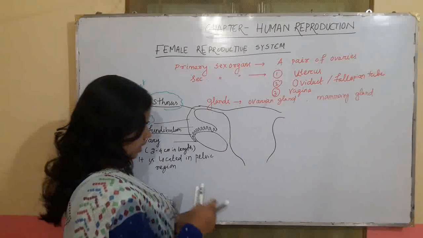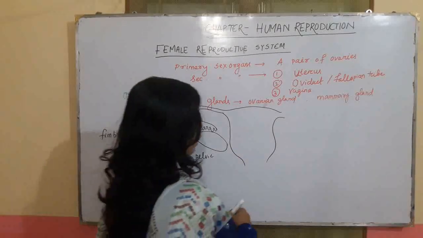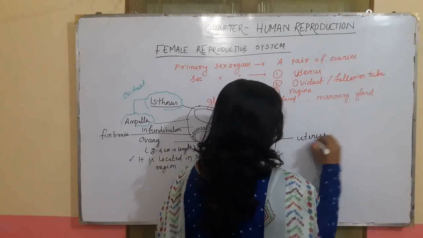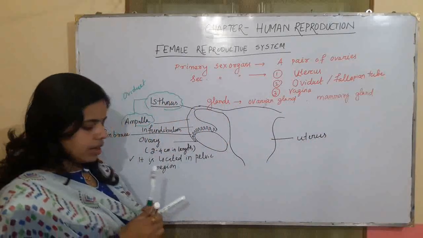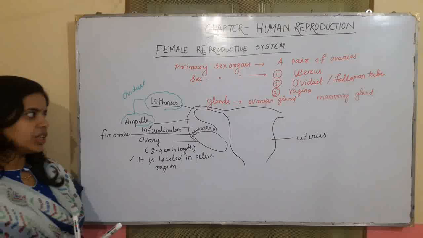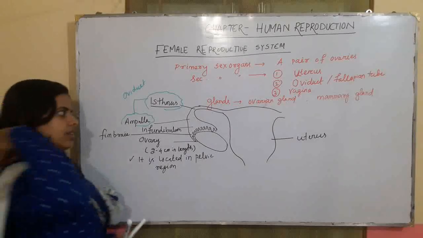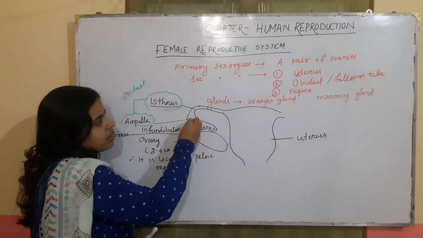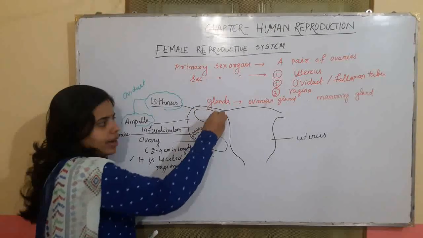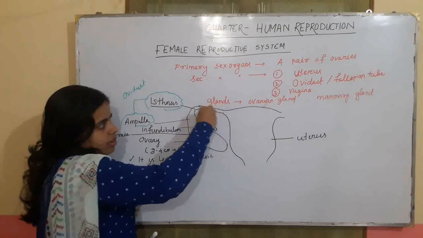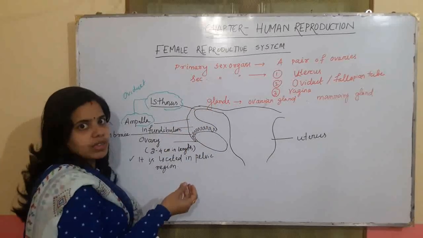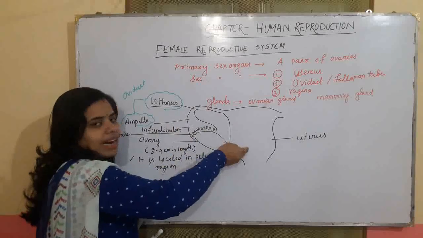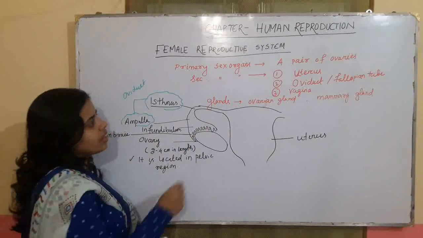Now let us label this one. It is called the uterus. The uterus is the site of implantation. We know that the ova is released from here and meets with the sperm, and as we discussed in the introduction class, before implantation cleavage or division processes occur.